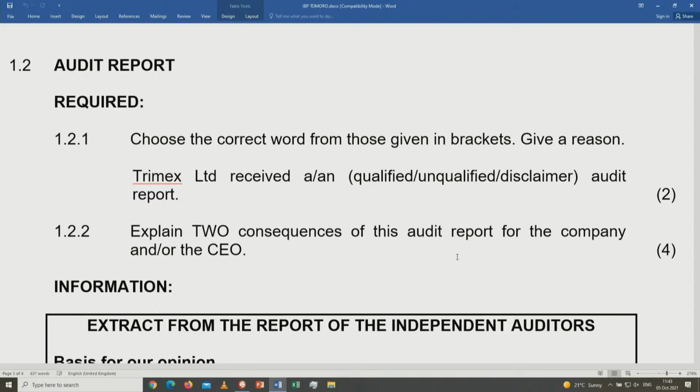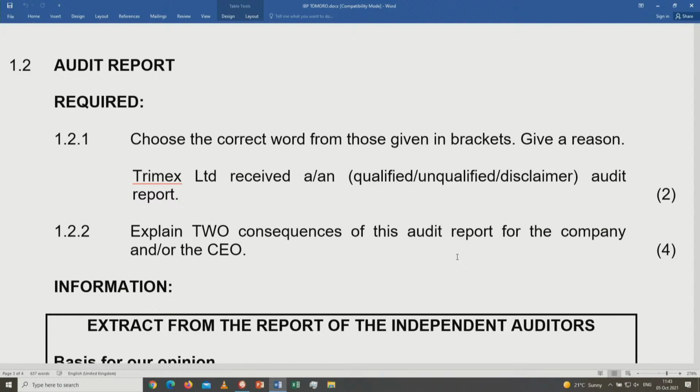In this one here, the external auditor or the independent auditor is partially able to issue out an audit report, or cannot issue out an audit report pending some audit evidence that needs to be attended to.